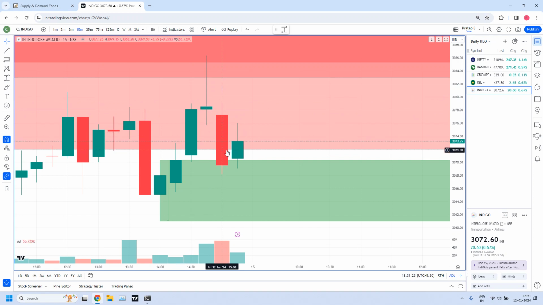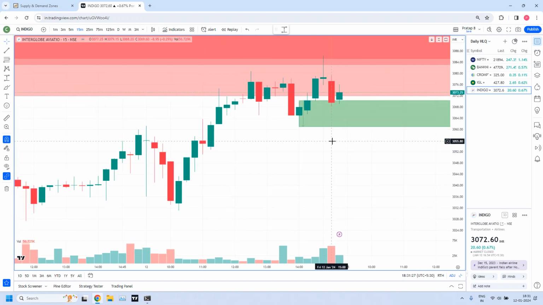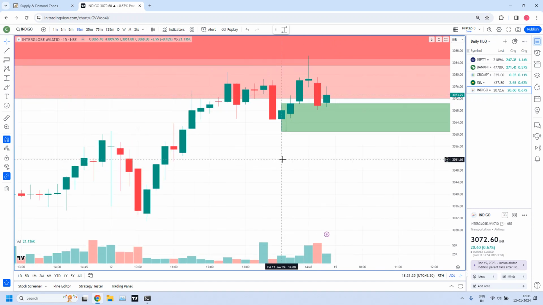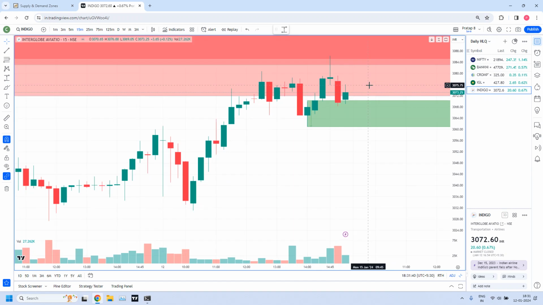But remember, the RR is very limited here. It's only 1:2 trade, not even exactly 1:2, close to 1:2, this trade. So that way Indigo, okay, this is not a good trade.